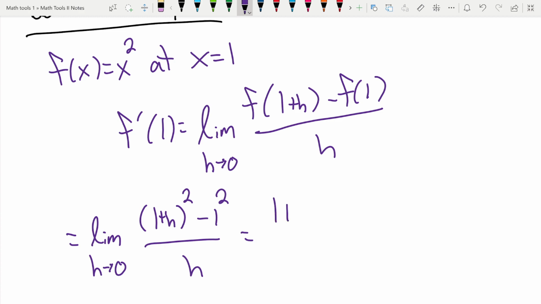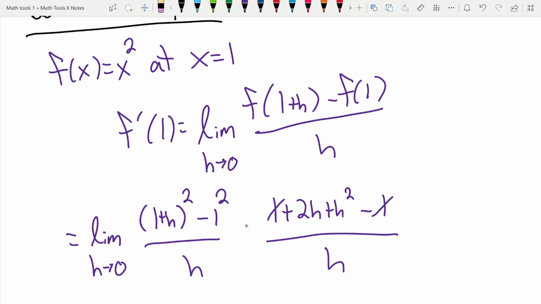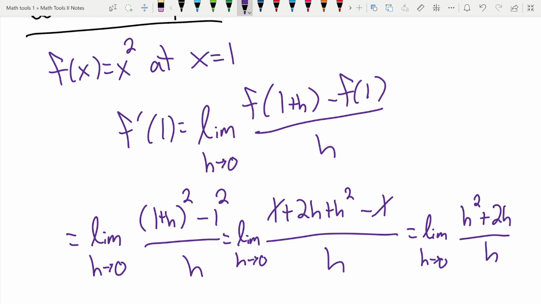So 1 plus h squared, that's going to be 1 plus 2h plus h squared. 1 squared is just 1. Okay, so these cancel. And I forgot my limit here. Make sure to bring that limit along with us. So this is the limit as h approaches 0 of h squared plus 2h over h.